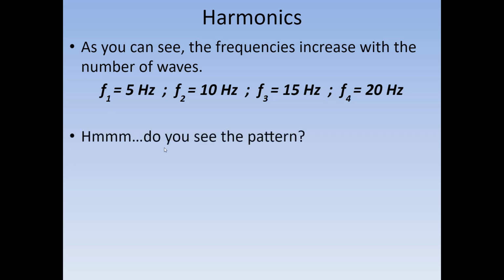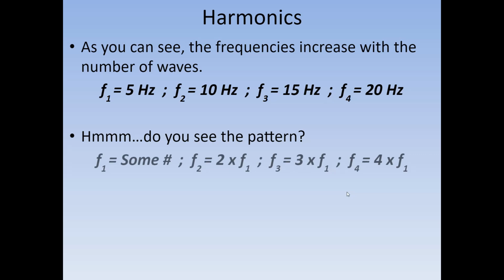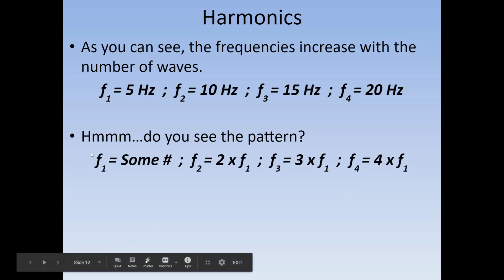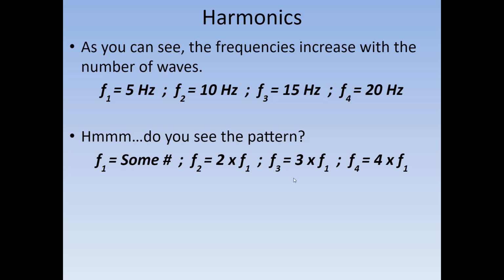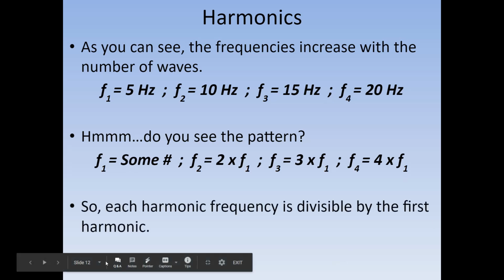If our first one was 8, then the next one would be 16, 24, 32, 40, and so on. So whatever this first harmonic is, each subsequent harmonic is just some number times that: 2 times the first number, 3 times the first one, and so on.